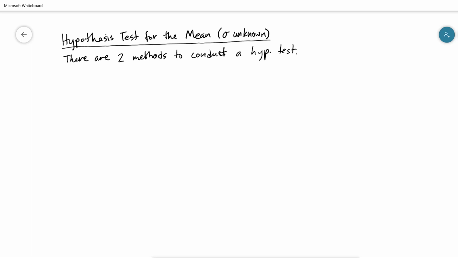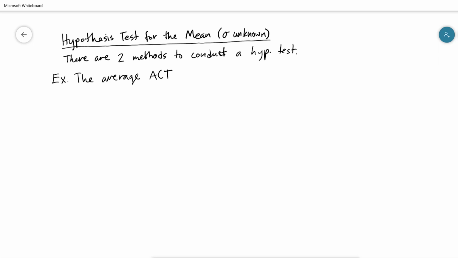Okay, so I'm going to give us a setup, and we're just going to go through this using an example. So here's the example that we're going to look at today. Talking about exam scores. In this case, the ACT, which is like a college entrance exam.